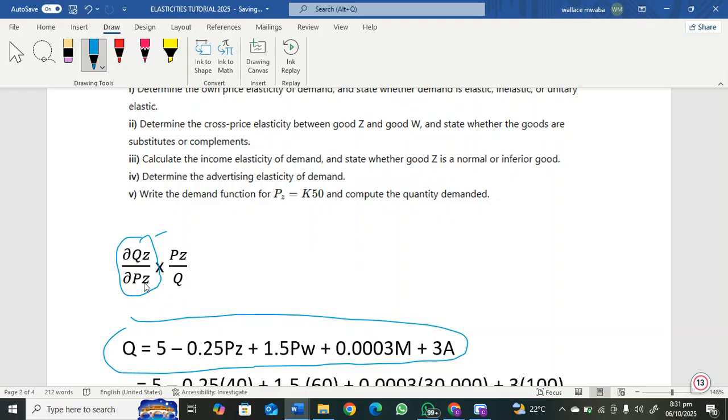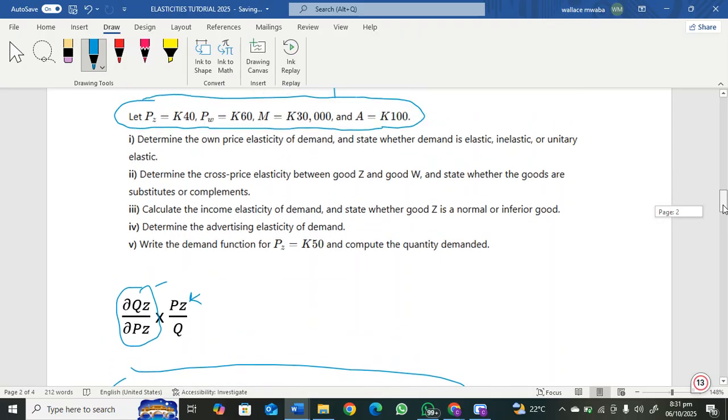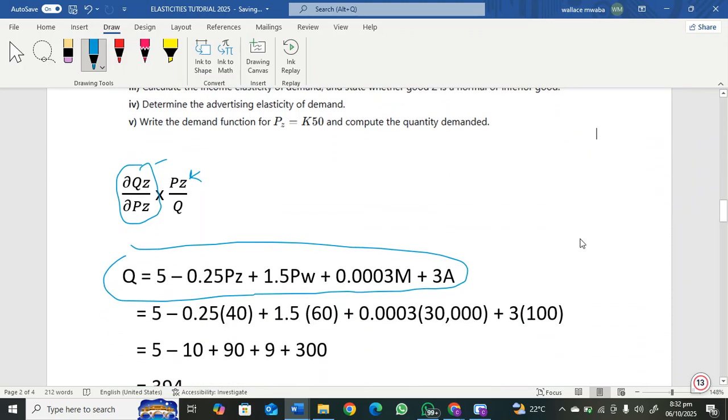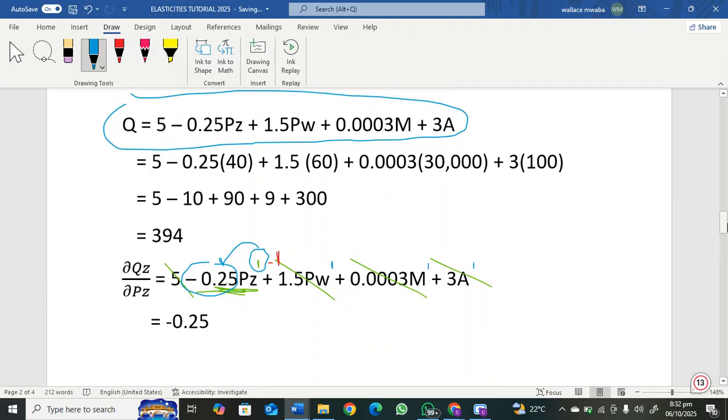Multiply by the price of good Z over the quantity. This PZ, we already have it, they told us in the question. PZ is 40 and Q we've already calculated. So all we need to do now is derive this function with respect to PZ.